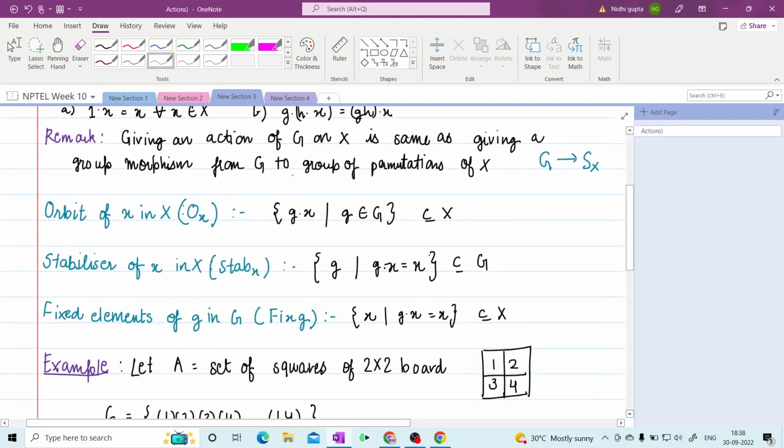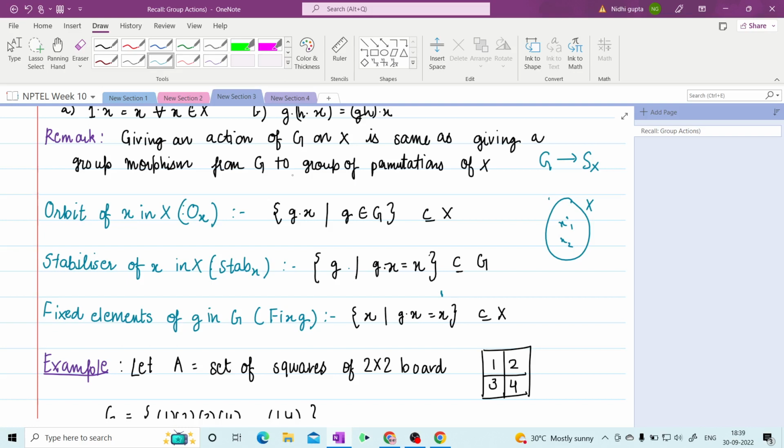Now once we have this, we have a few notions. First we have the notion of the orbit of x. So the orbit of x is all the possible movements of x under G. We have a set X and G is acting on it, which means that each g is transforming x.